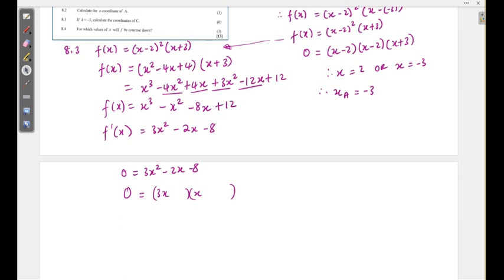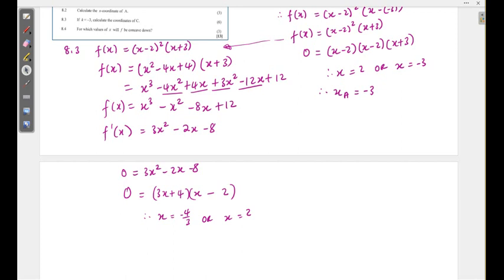However, I think one of them should be 2 here. 3 times 2 is 6, 6 minus 4 is 2, minus 8 gives... checking, so therefore our x should be negative 4 over 3, or our x should be 2.